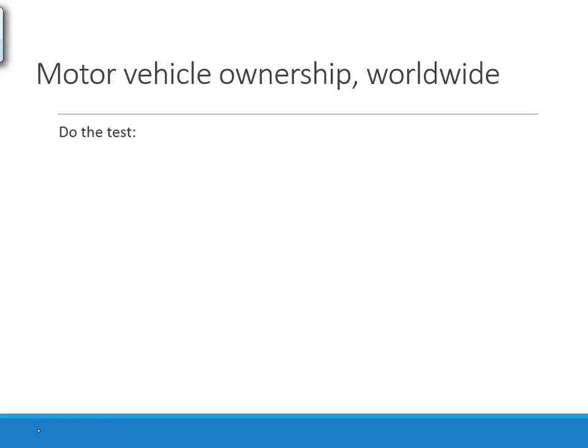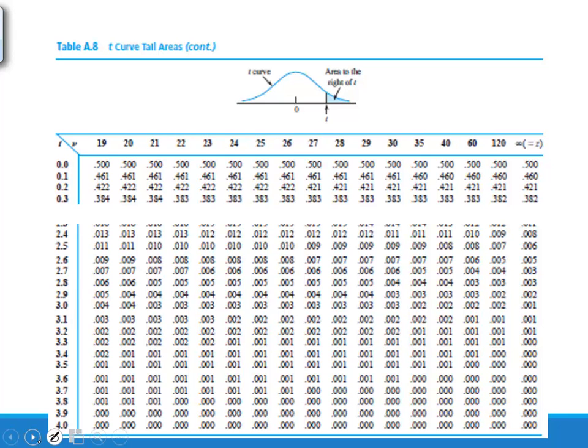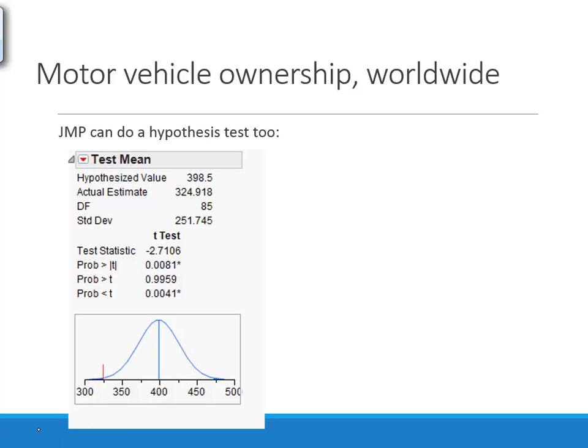Okay, so if we're going to actually do the test, out of interest of time, I'm going to skip ahead to show you that I can actually do this test just in JMP as well. So we could calculate our test statistic, which would be x bar minus mu 0 over the sample standard deviation over the square root of n.